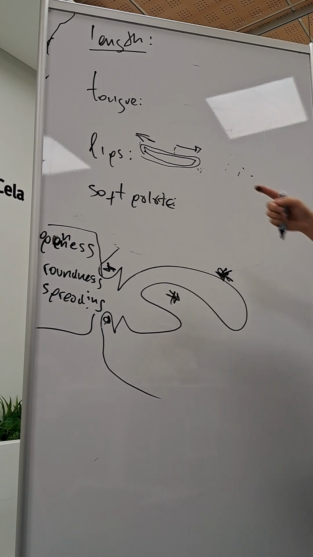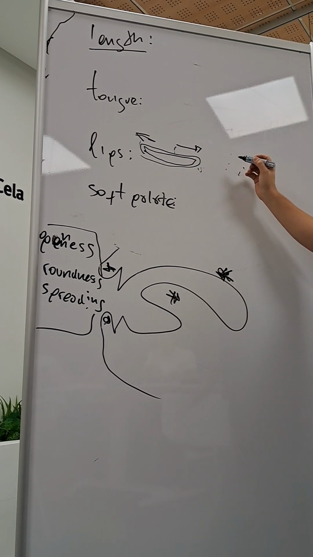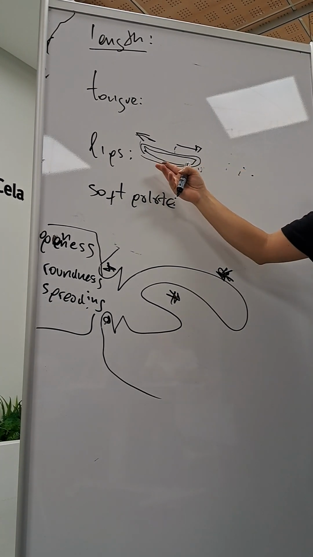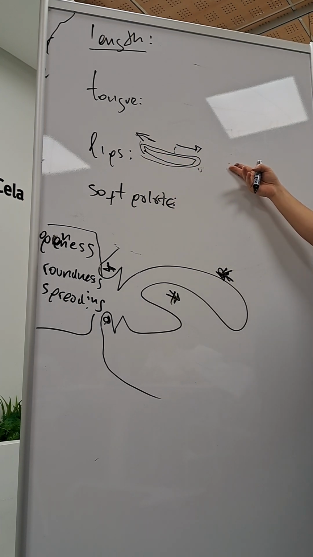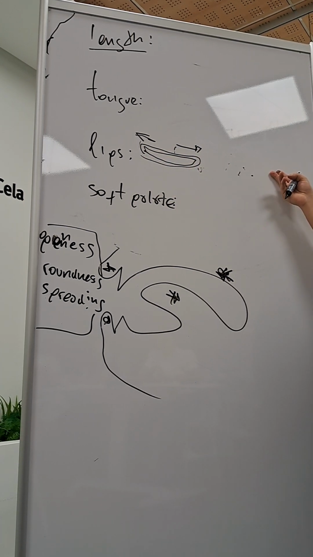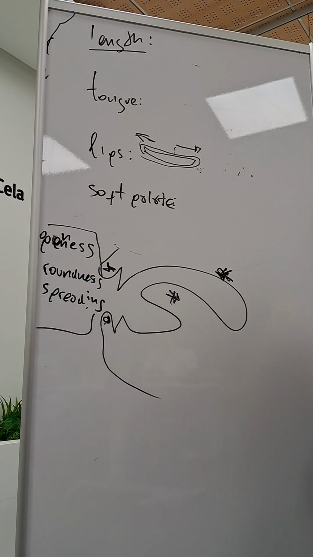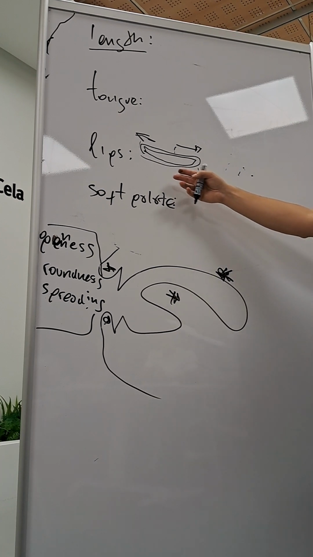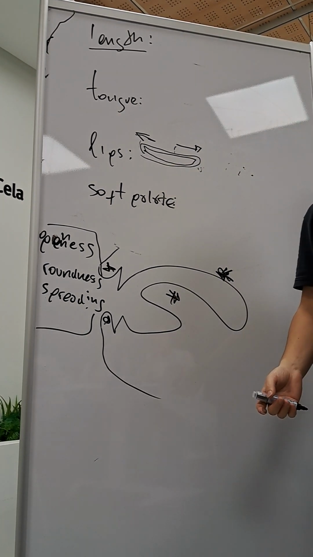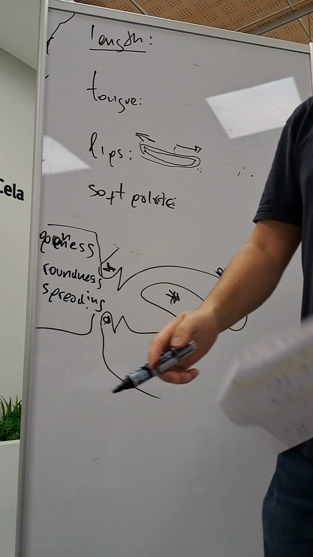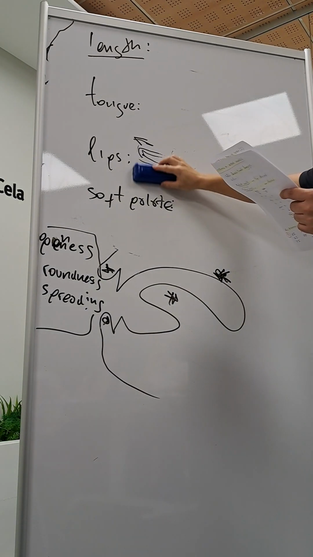Your lips can be totally spread, they can be semi-spread, or not spread at all, relaxed, as with schwa. With E, your lips are totally spread, and with other sounds are semi-spread, like fish. There's a little bit of spreading, but semi-spread. Okay, those are the lips.